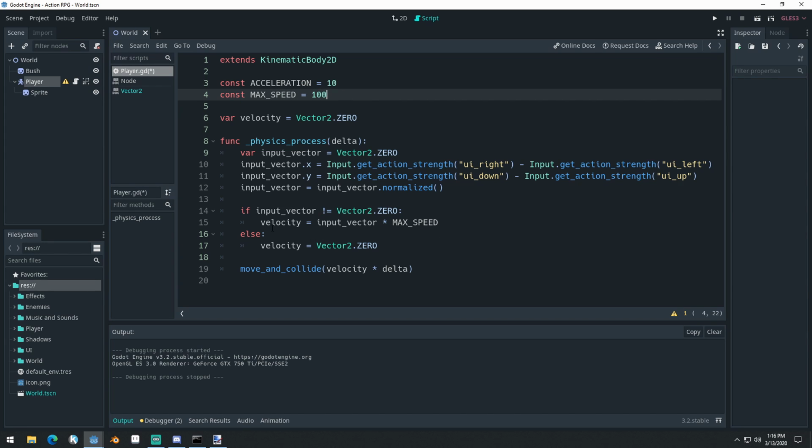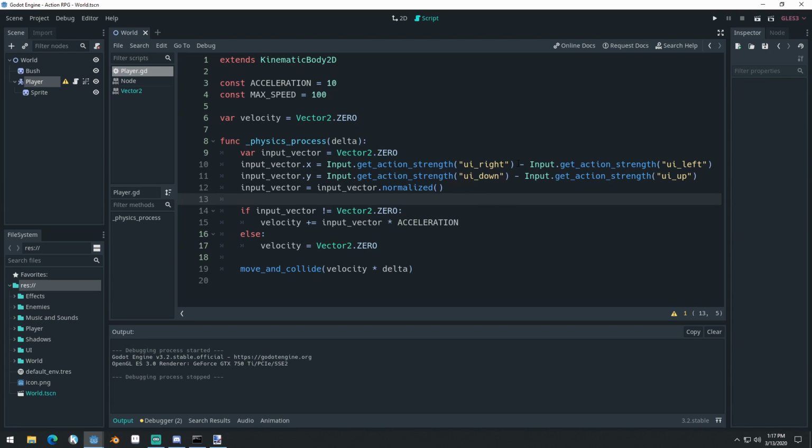So then instead of just saying velocity is equal to input vector times max speed, what you do is velocity plus equals, that way we're adding every single frame. That's what an acceleration does, right? You increase that amount every single frame of the game. So it increases your velocity by a certain amount every frame instead of just setting it. So we're going to do input vector times acceleration.